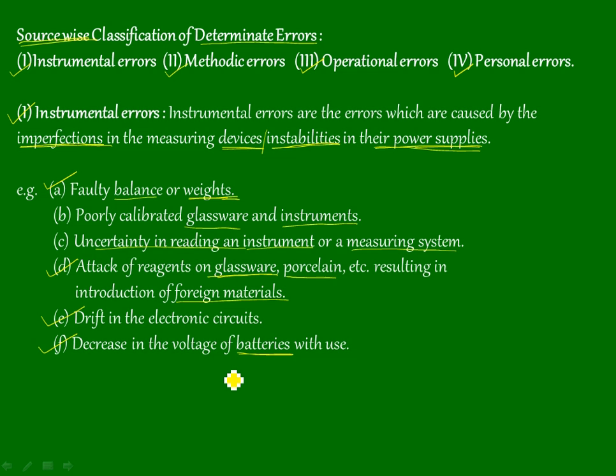So you need to make sure that you use proper batteries in the instruments so that you get proper readings and measurements. So these were some examples of instrumental errors.